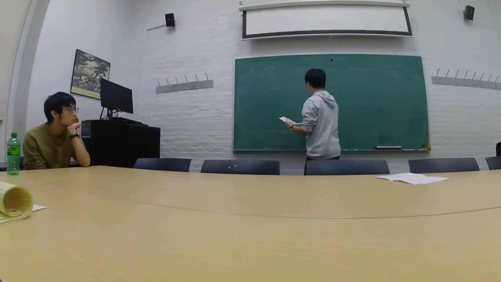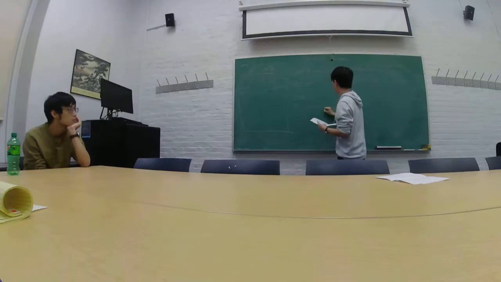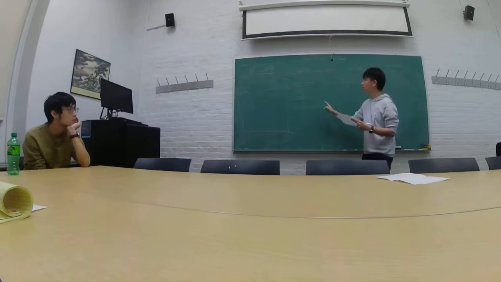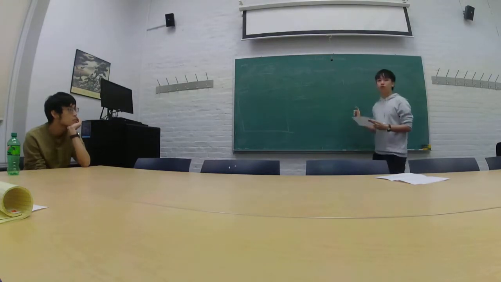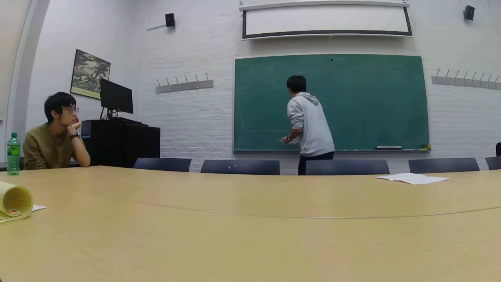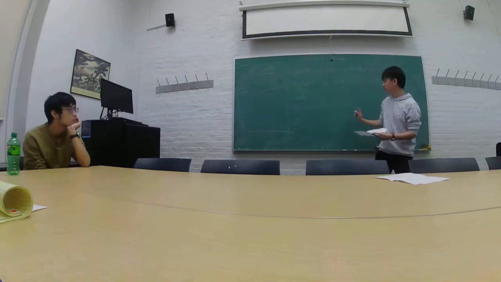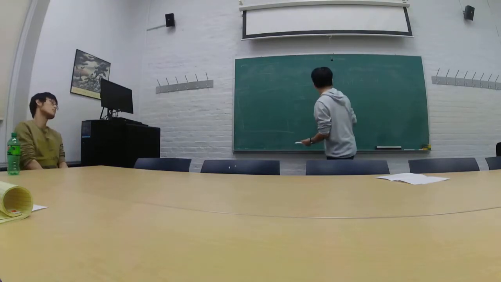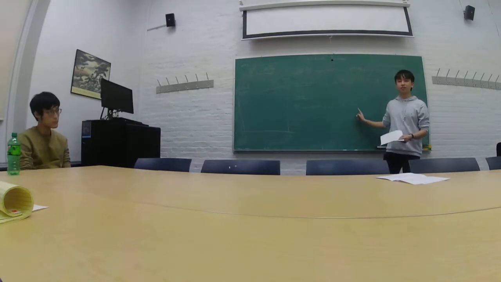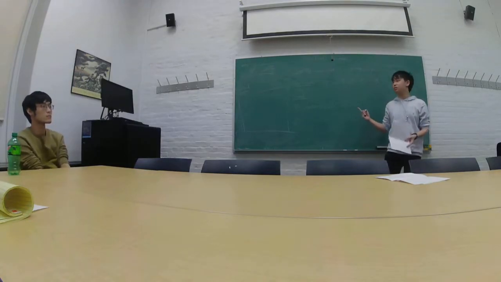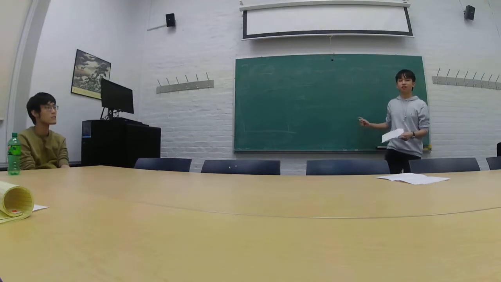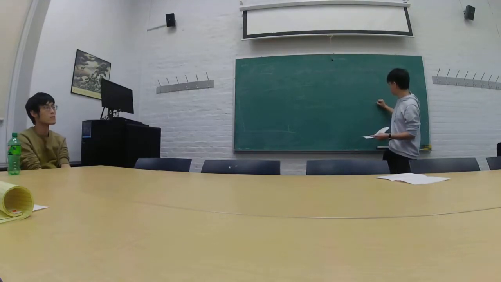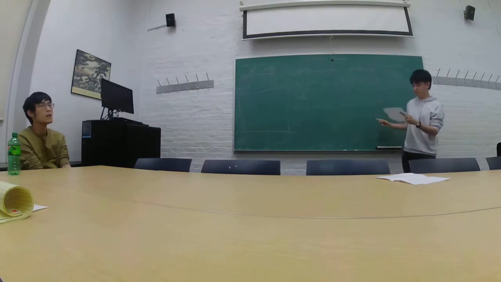So in the first step, we will construct a sequence on the map, a sequence Xi of points on the map, such that this sequence converges to a point X. And secondly, we will show that this point X is the desired point that we want, which is that Tx equals X. This is the desired point that we want.